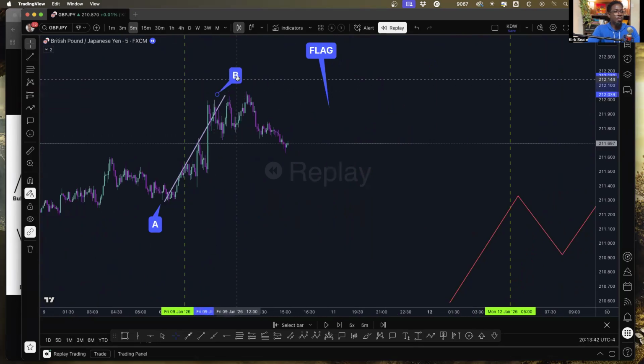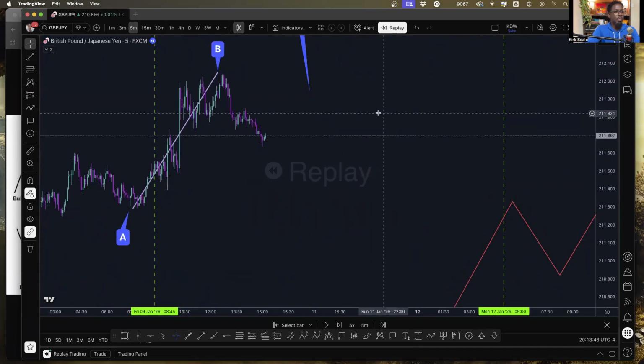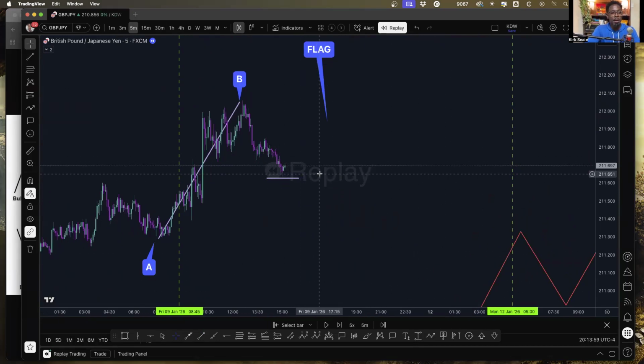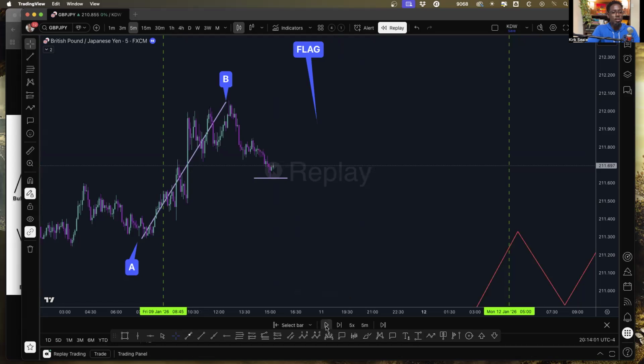All right, so B is going to be the highest point right about there. So if we stopped at this point, we would be like, all right, cool. Maybe this is C, all right? Because we don't know where price is going to stop at this point. So we're just taking our time and marking it as it goes.